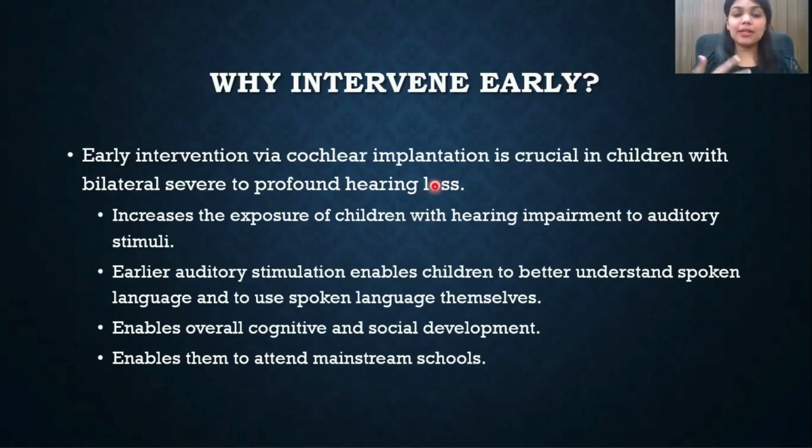So this better speech and language development can lead to overall cognitive and social development. For example, they will be able to make friends, they will be able to communicate with other children in school as well as outside the school, and this will in turn enable the child with hearing impairment to attend mainstream school like any other typically developing children.